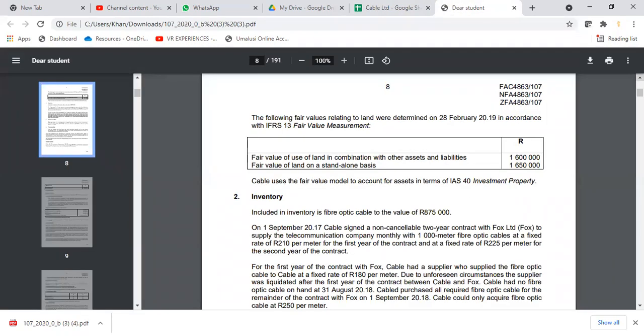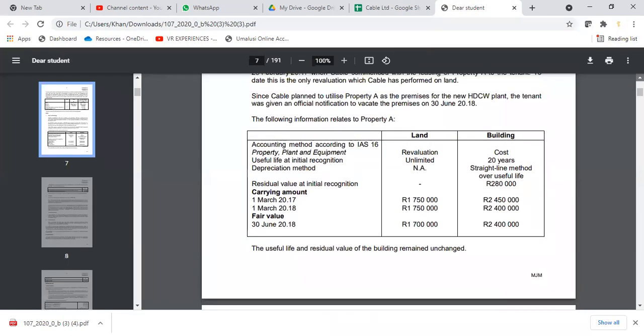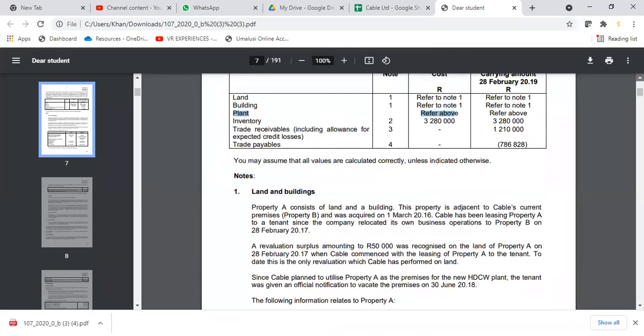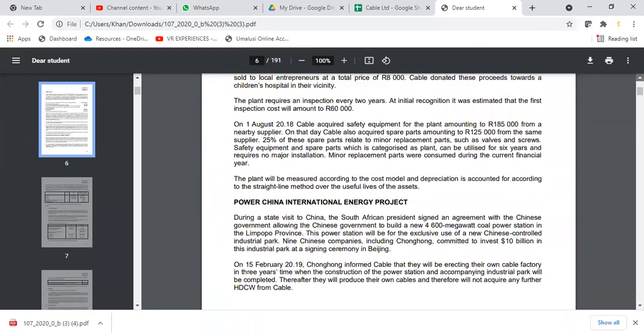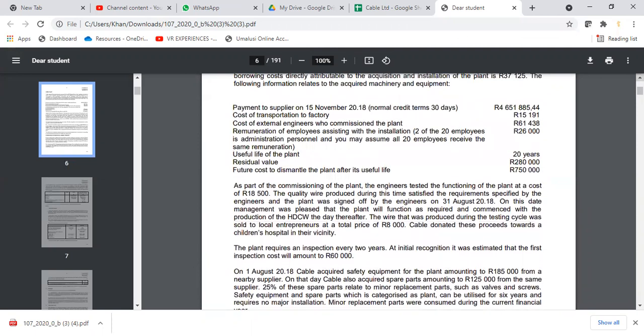Next, there's still some more information below that table. They say, as part of the commissioning of the plant, the engineers tested the functioning of the plant at a cost of 18,500. So that is testing. The quality wire produced during this time satisfied the requirements specified by the engineers, and the plant was signed off by the engineers on 31 August 2018.